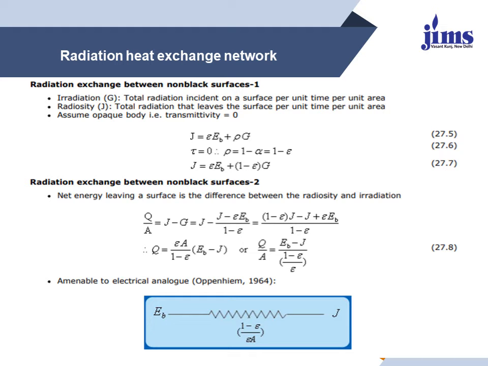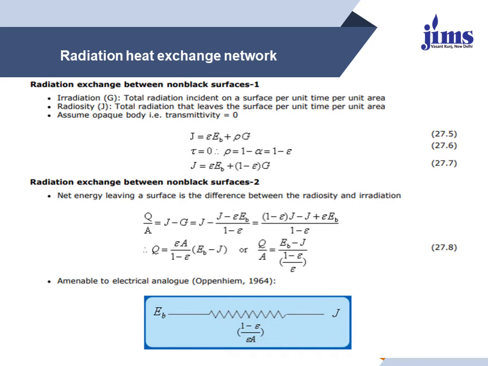So if we draw the radiation heat network similar to the conduction heat network, there are two nodes: the first point is EB, and the second point is J. In case of conduction, EB is replaced by the higher temperature T1 and J is replaced by the lower temperature T2, but in case of radiation, the nodes are EB and J. And (1 minus emissivity) divided by emissivity is known as the radiation resistance of the surface.